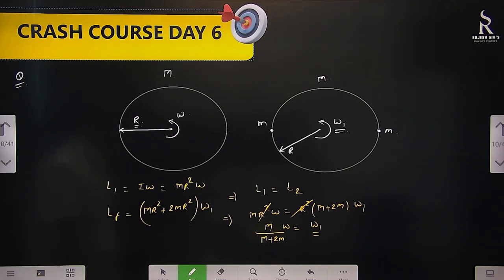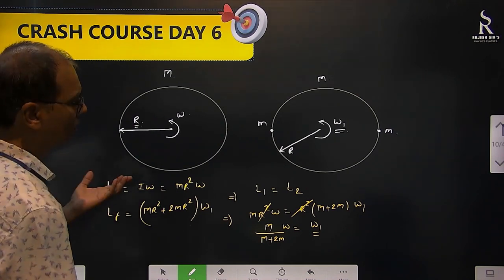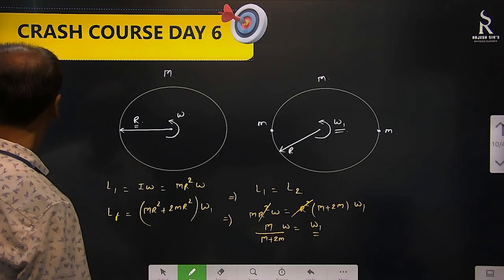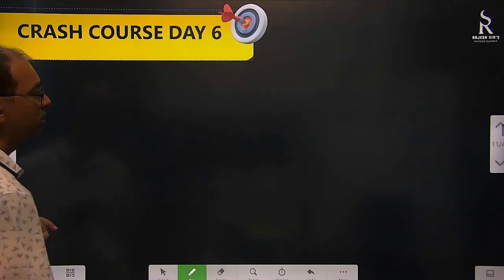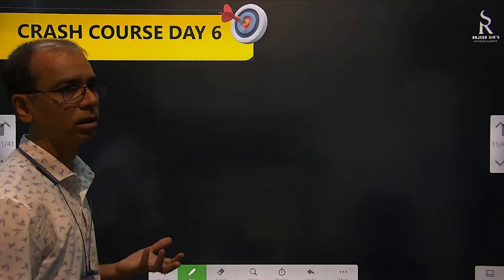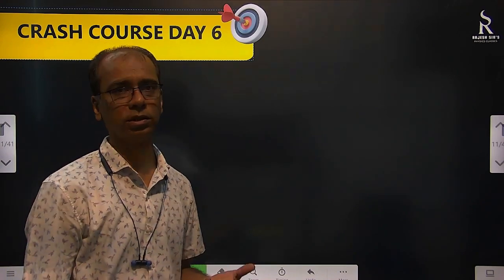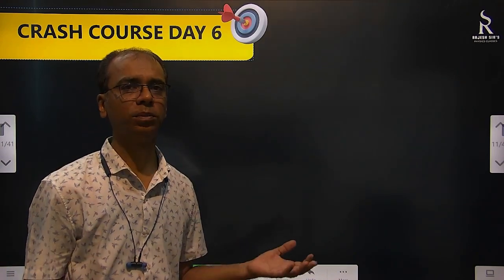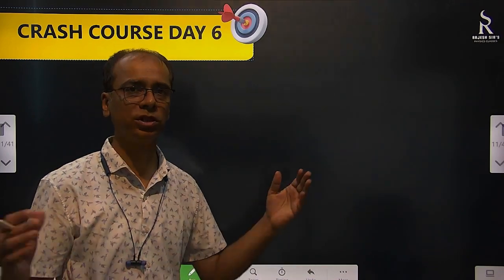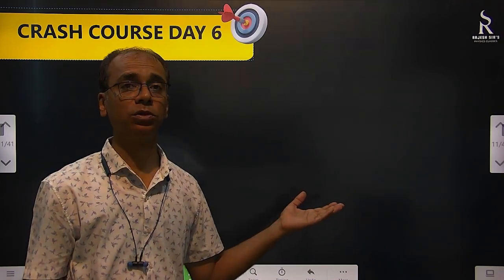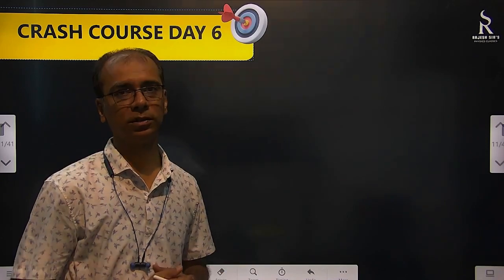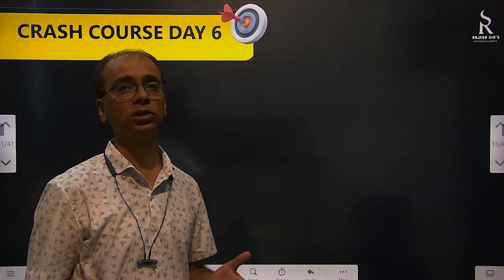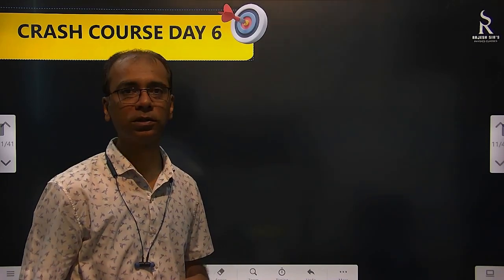No problem in that. Then what else can we do in the conservation of angular momentum? These are the questions. Now more examples: the skate dancer. What will she be doing? She changes the position of her hands. When she stretches her hands, moment of inertia increases, and omega decreases.